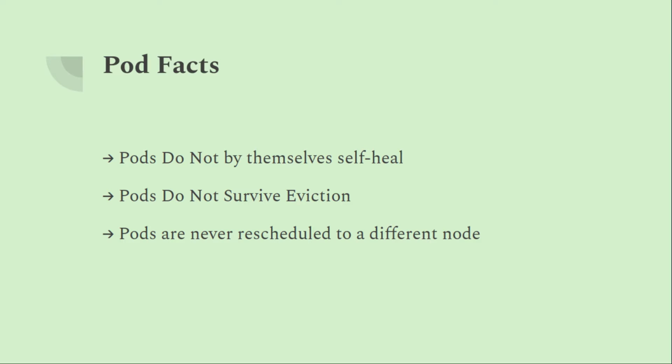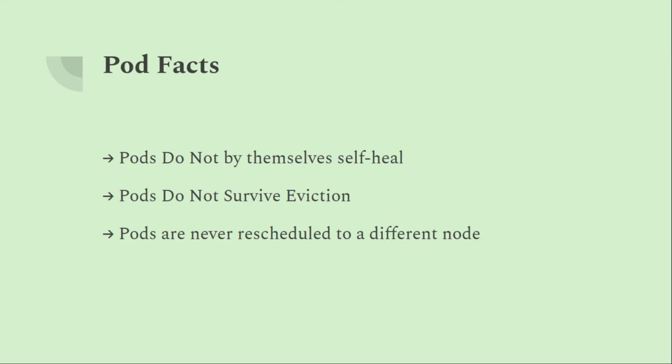This means that when your pod is created, it gets a unique UID. For example, if it is scheduled to one node, and then you put in a node selector and schedule it to a different node, or maybe you have a deployment with that self-heal property, and you delete the pod on one node and it is created on another node.